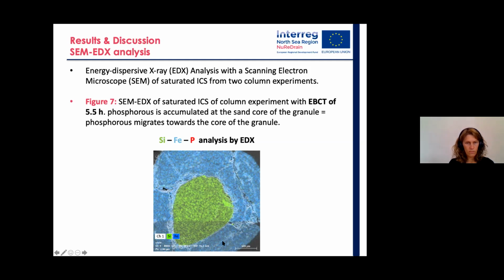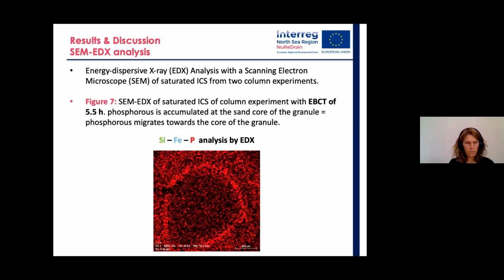And when we make an overlay of the phosphorus on this microscopic image, you can see that a great part of the phosphorus is adsorbed at the surface of the sand core. This means that the phosphorus can migrate towards the core of the granule, and this is only possible when the contact time is great enough, like some hours.